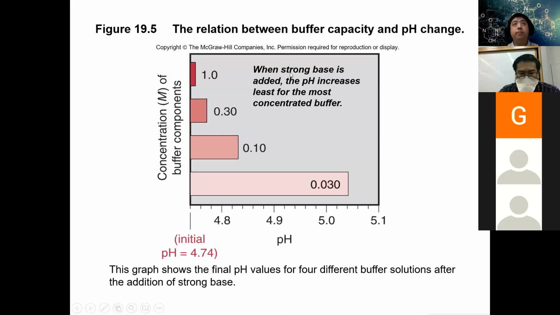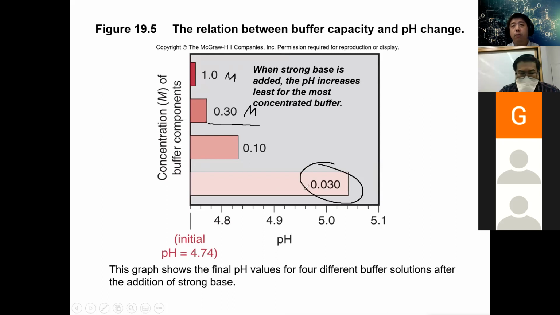Okay. So an example I can give you here. If the initial pH was 4.74, okay, and I added in some kind of strong base. If I have 1 molar concentrations of both my buffers of my weak acid plus conjugate base, if I add in some amount of strong base, it should change the pH only very slightly. But if I had less of that, so 0.3 molar instead, then it should affect my pH even greater.